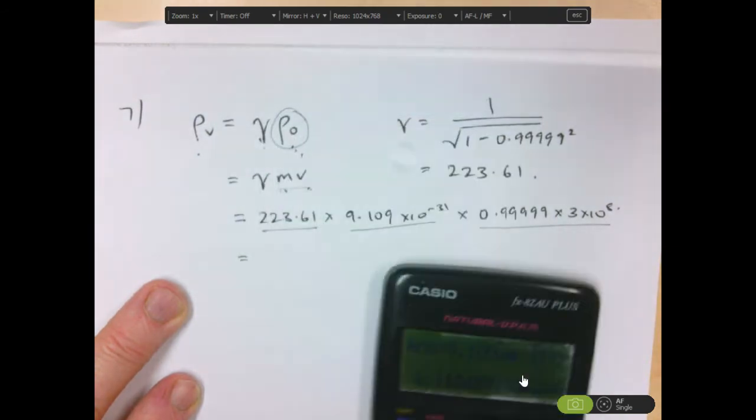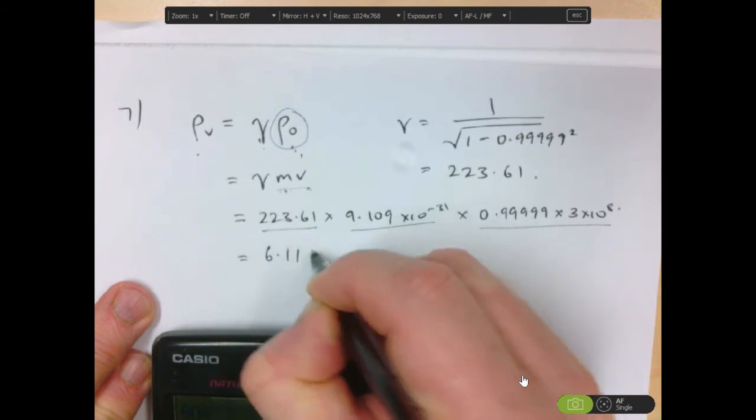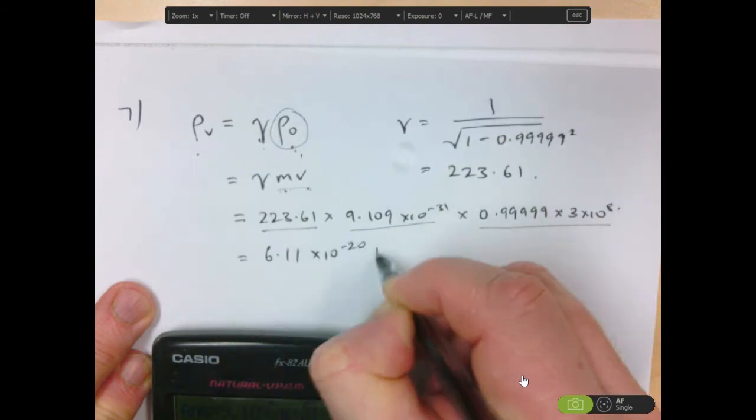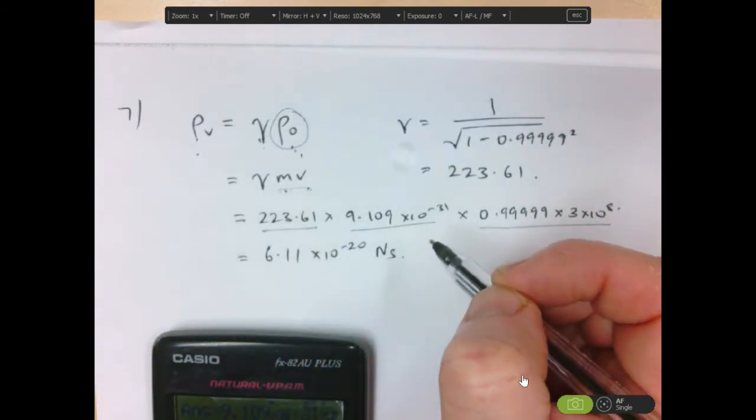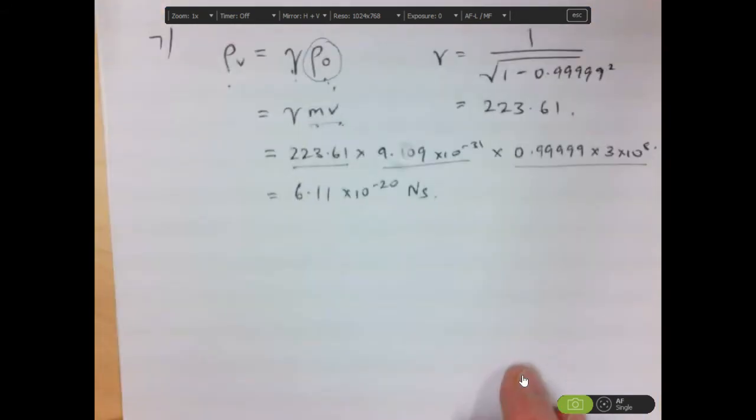So it is 6.11 by 10 to the minus 20 Newton seconds. Okay, let's just check I've got the right answer. Yay! Okay, let's go to question 8.